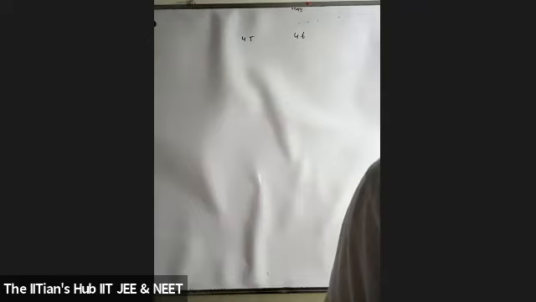Please, the 45th question speaks about a man who is 9 meters behind a train. Okay, carry on. Wait, let me read the question once. So, the 45th question is: a man is 9 meters behind the door of a train when it starts from rest with a uniform acceleration of 2 meters per second square.